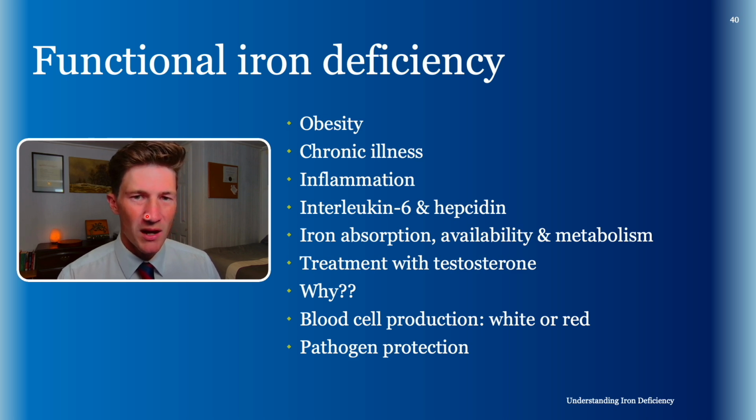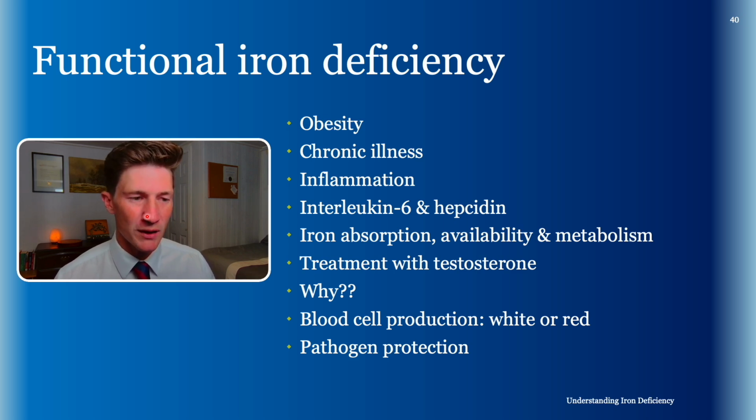Okay, so in your bone marrow, when you're making a blood cell, that stem cell could become a red blood cell, a white blood cell, right? It can diverge in many different ways. And basically, if you are experiencing inflammation for any reason, you're better off having more white blood cells.